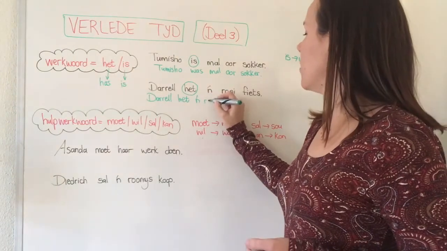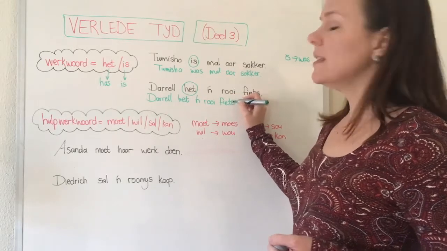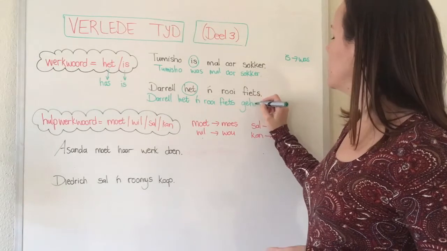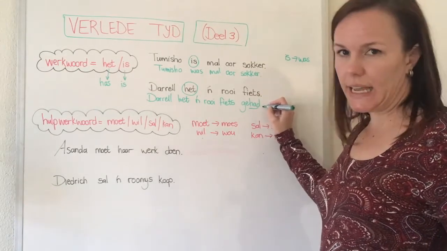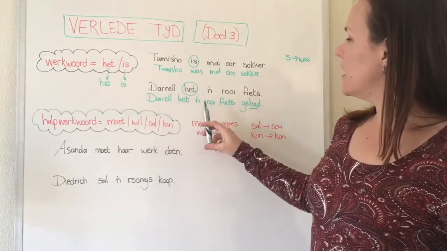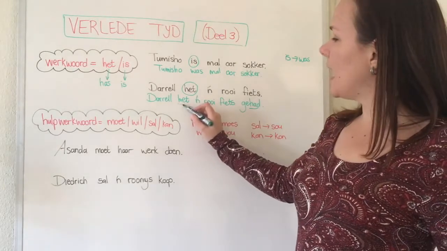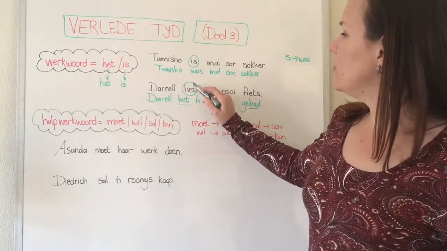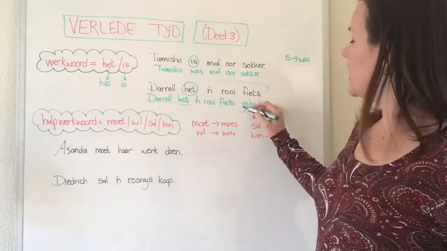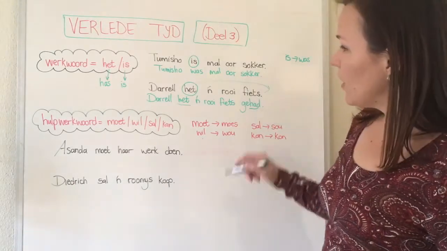Then we add the object, 'n rooi fiets, and then the word that will mean had is gehad. So it's had basically, but we add ge to it. Daryl het 'n rooi fiets gehad. So the rule there is we add het and we move the verb to the end, but it becomes had, and we add gehad.